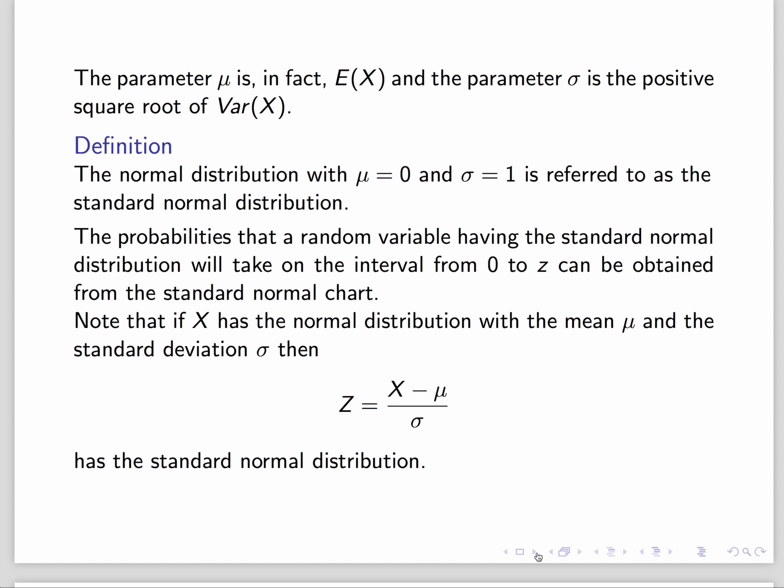So, phi of z represents the probability that the variate z takes on a value from 0 to small z. Note that if x has the normal distribution with parameters mu and standard deviation sigma, then the variate capital Z equal to x minus mu by sigma has the standard normal distribution.